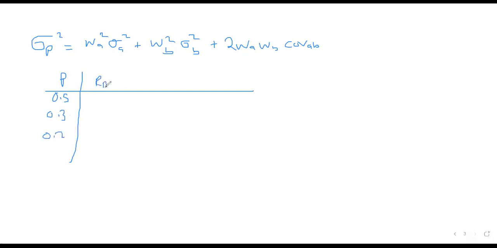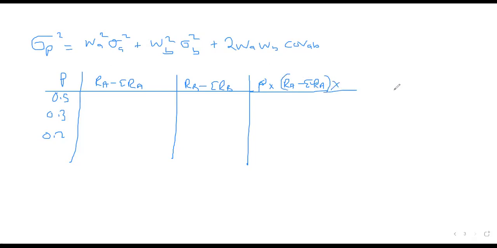Then the return for A minus the expected return for A, and the return for B minus the expected return for B. We multiply these three columns.